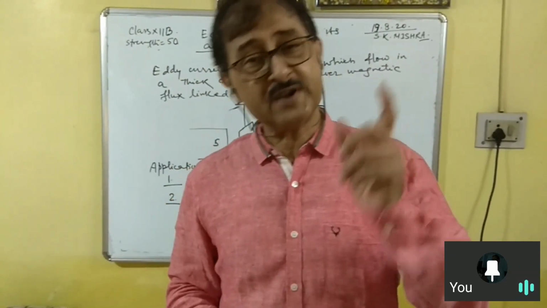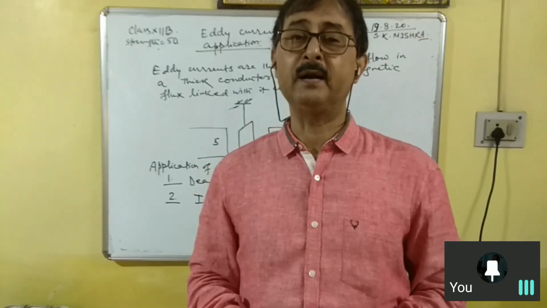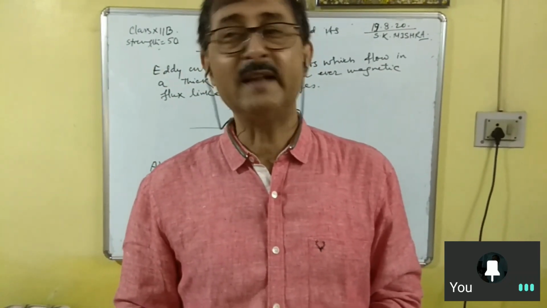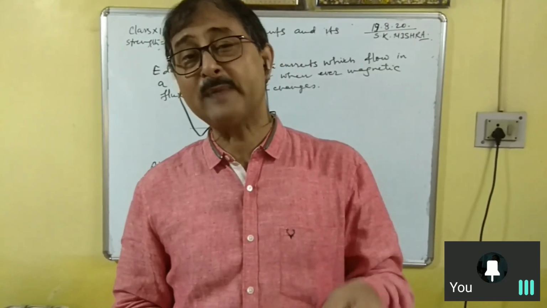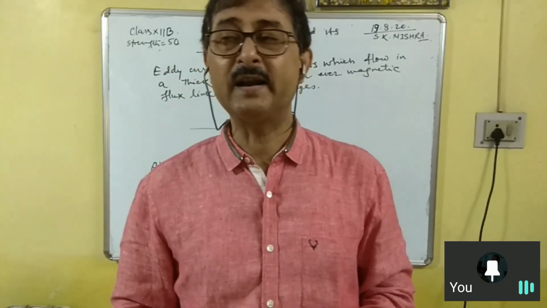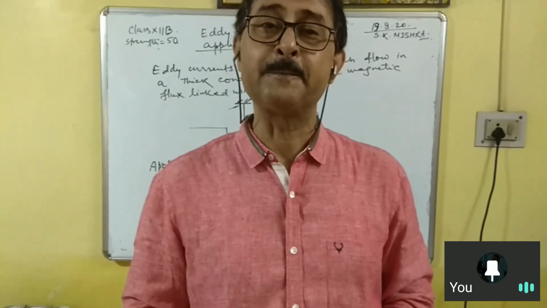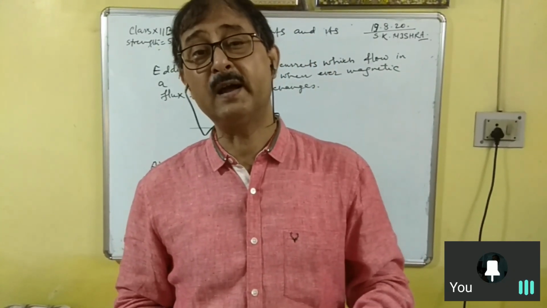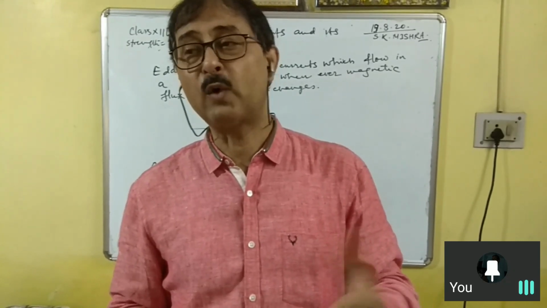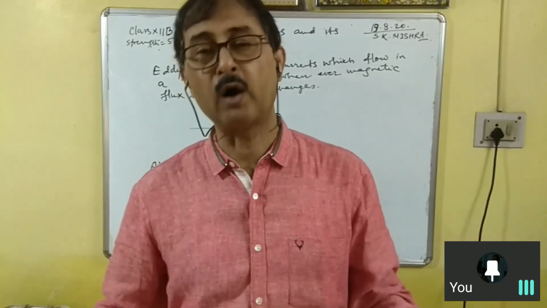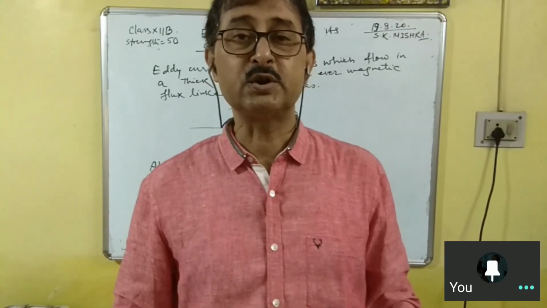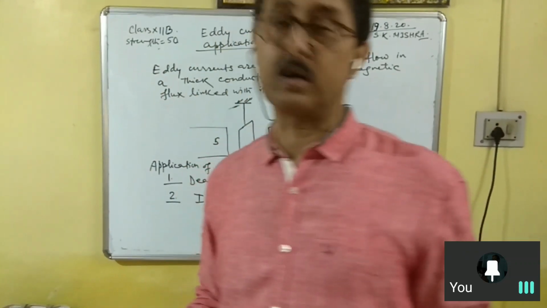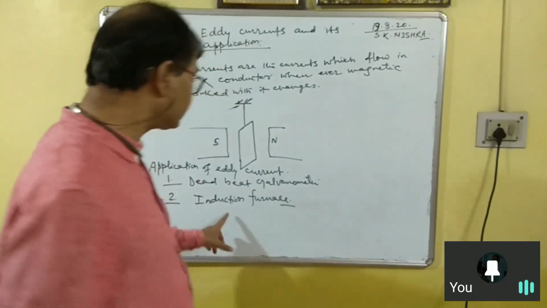Flux linked with the metallic sheet will change, and because of that eddy current will be produced, and eddy current produces a heating effect. If the temperature goes above the melting point, then the whole metallic log will melt. So this is another way to melt a metallic log. This is called an induction furnace.